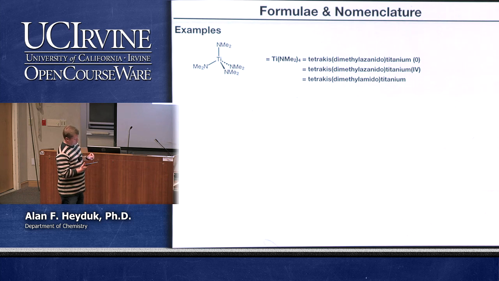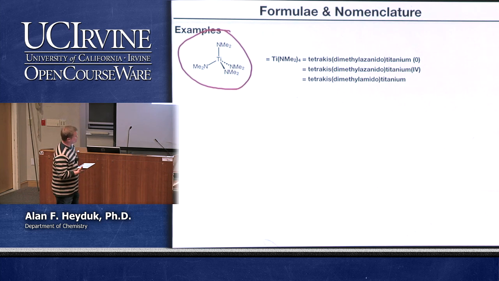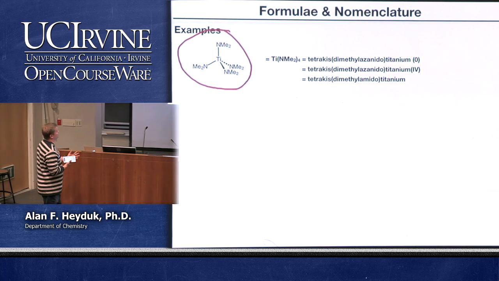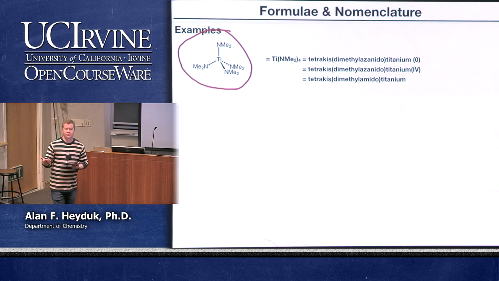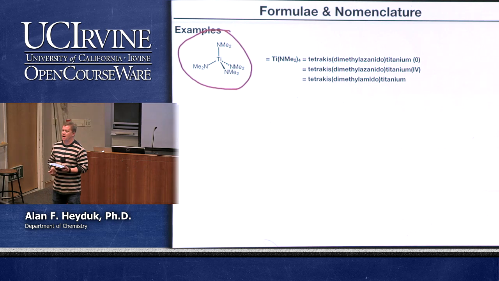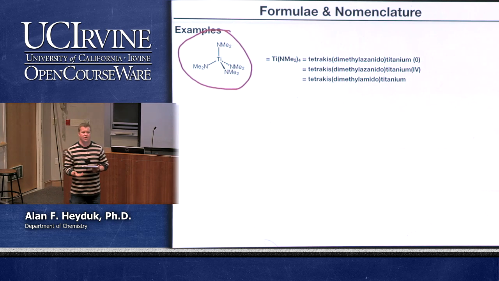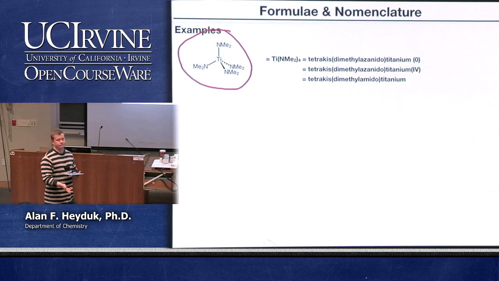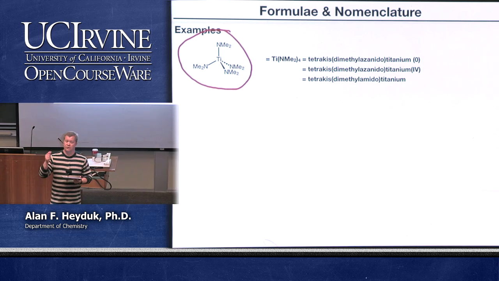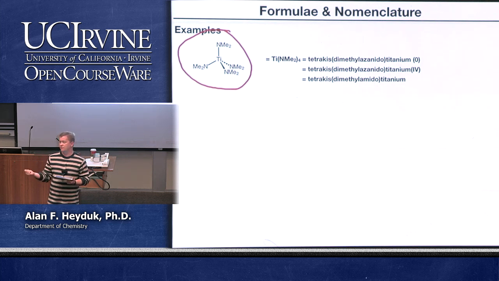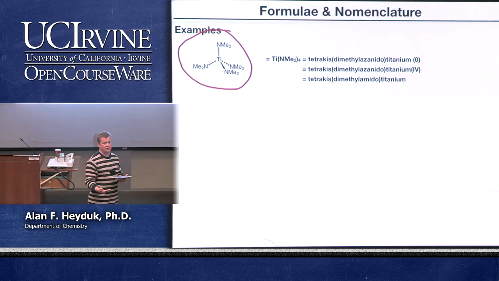We know that to assign the oxidation state to the titanium center in this complex, we take each pair of electrons that make a metal ligand sigma bond and assign them to the more electronegative element. Nitrogen is more electronegative than titanium, so the electrons in that sigma bond get assigned to the dimethyl azanido ligand. So each one of those ligands is a -1 ligand.